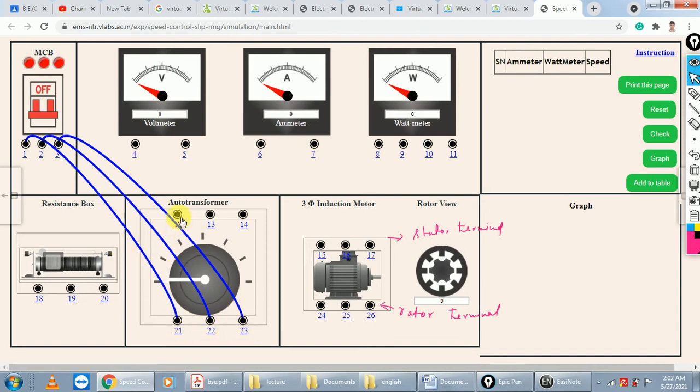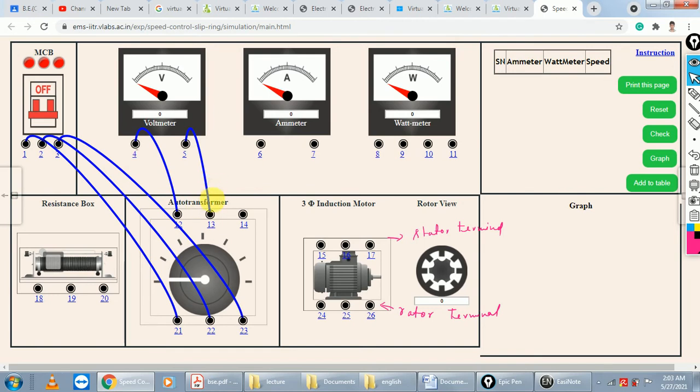Next, 4 connects to 12, and 5 connects to 13. So we measure the auto transformer output voltage, in between, suppose, the R phase and Y phase. It measures the R and Y phase voltage, and this voltage is applied to the stator.